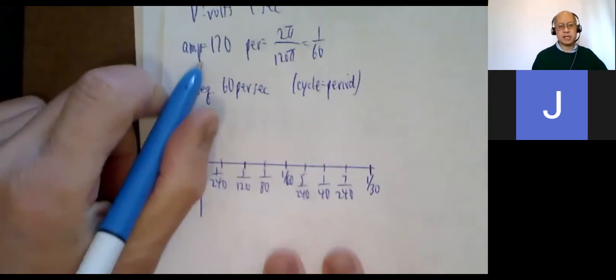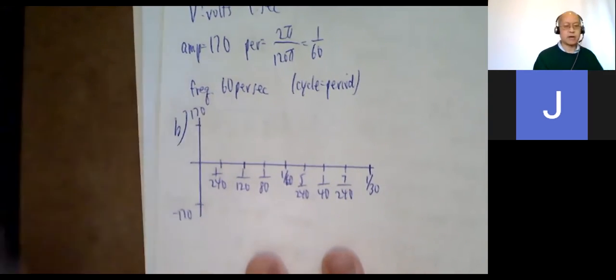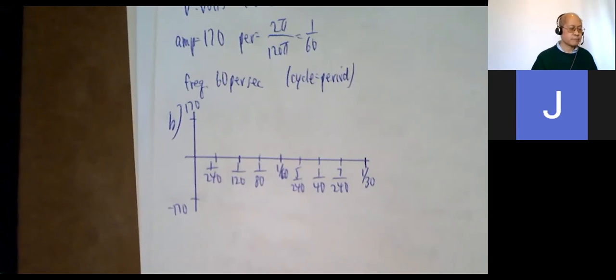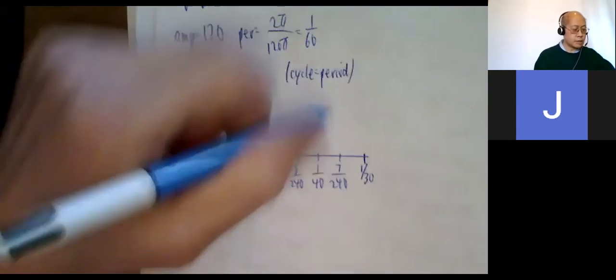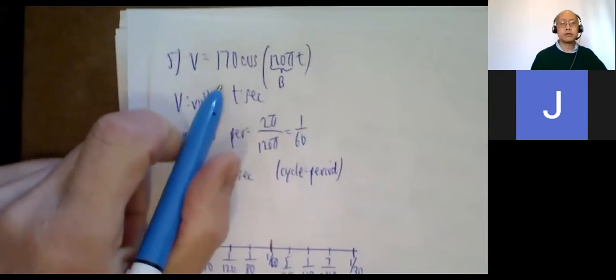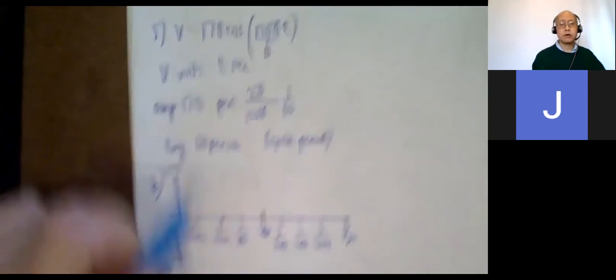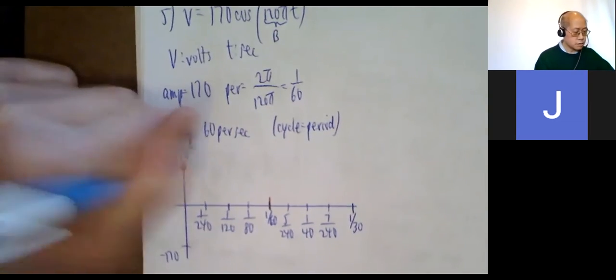We're not going to draw this to scale. I'll just quickly say this is 170, negative 170. 1 period is out to here. Cosine, no negative, positive, so cosine starts at max, 170.